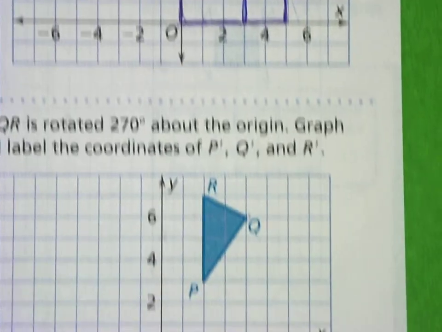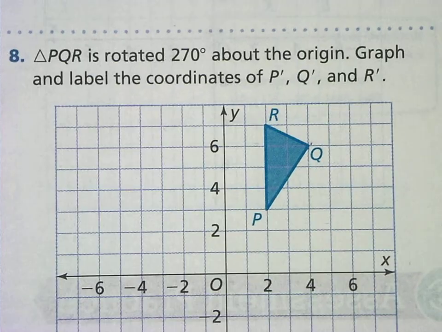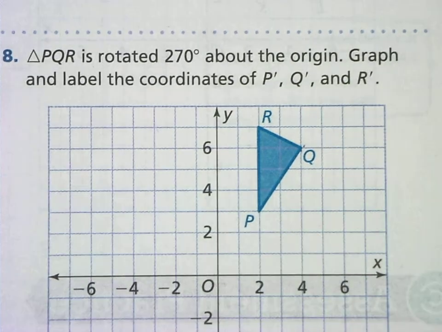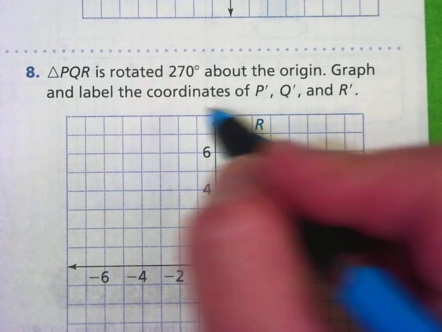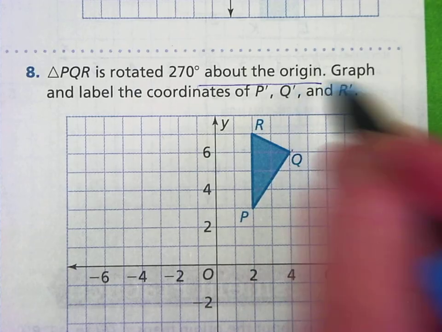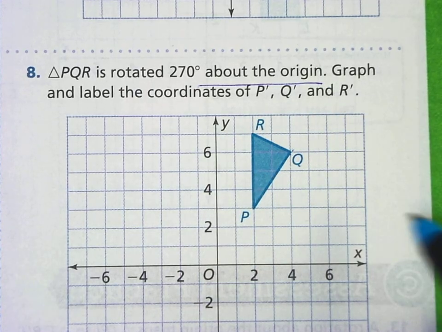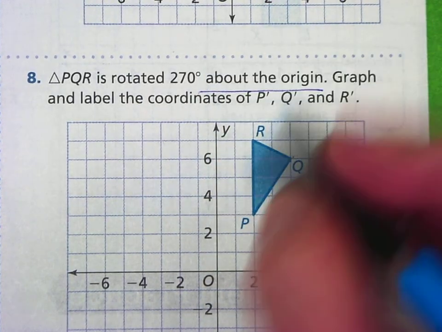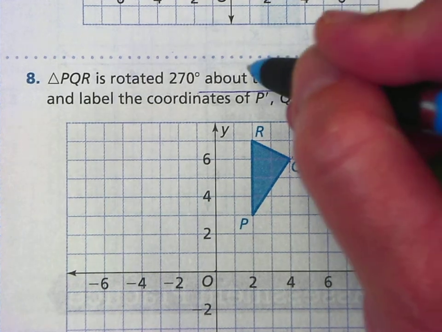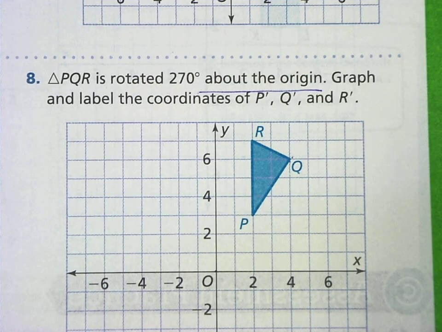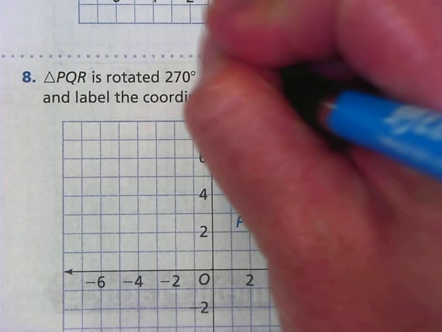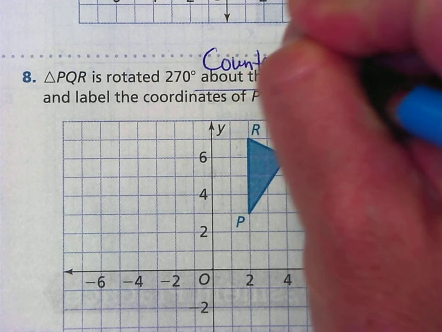Okay, so let's look at number 8 right below that and try to rotate. This says triangle PQR is rotated 270 degrees about the origin. Graph and label the coordinates of PQR prime. So let's rotate it 270 degrees about the origin. Now it does not tell you which way to rotate it. If it doesn't tell you, always go counterclockwise.